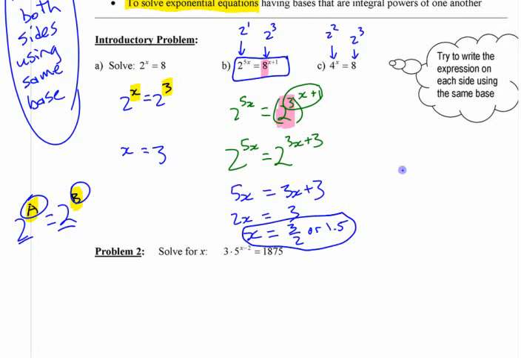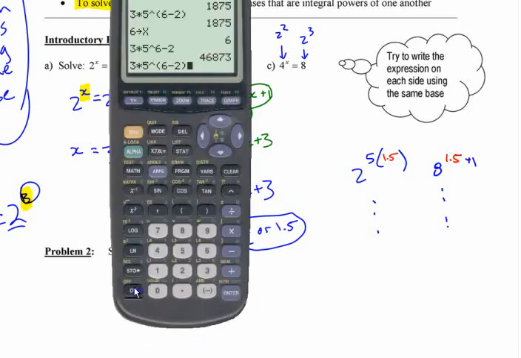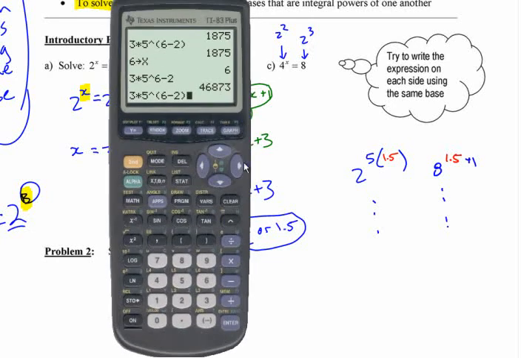Go to your calculator or whatever, and 2 to the 5, and put that number in, 1.5. And see what that gives you. And then do the other side, which is 8 to the 1.5 plus 1. And just double check that they're both equal. I'm sure you can do that pretty quickly with whatever calculator you happen to have.